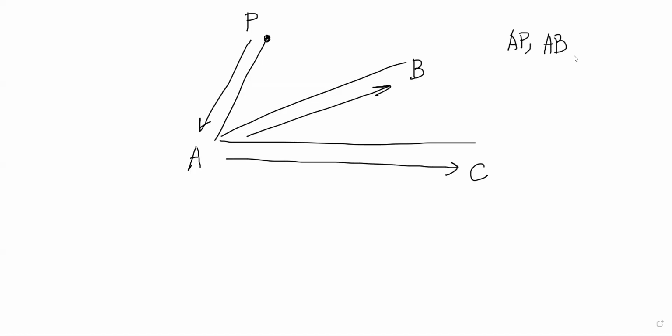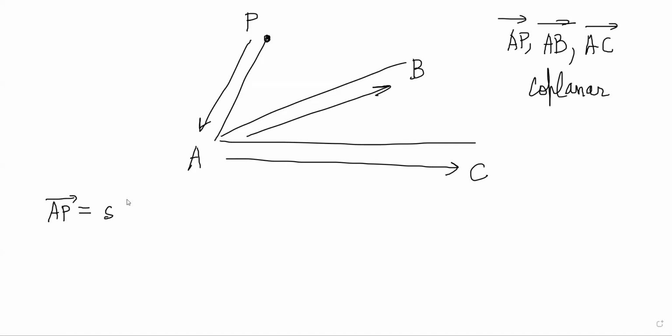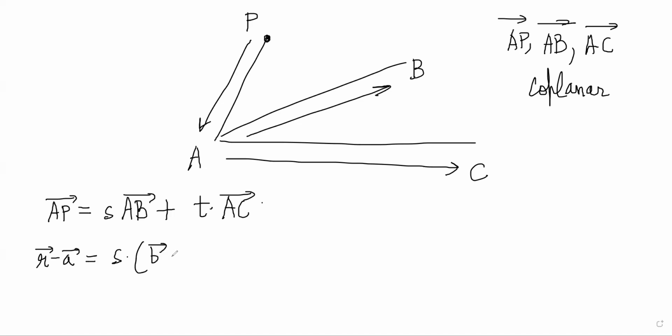AP, AB, AC. These three vectors are coplanar, and therefore I can write AP vector as S times AB vector plus T times AC vector, right? And now we can rewrite this like this: R minus A is equal to S times B minus A plus T times C minus A, right?